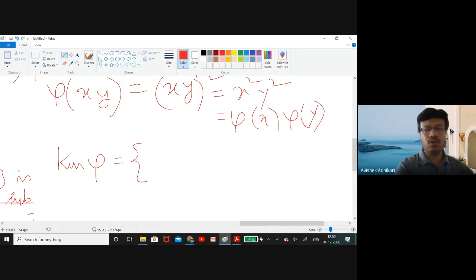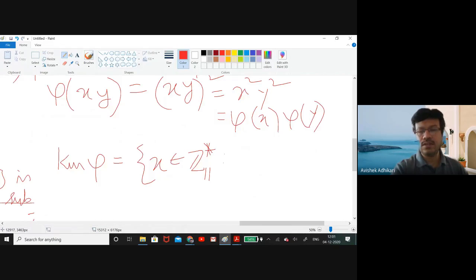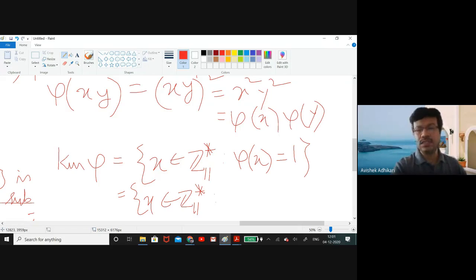That means all such elements x belonging to Z11 star such that phi of x equals the identity element of the right side. So that is 1, that means class 1. That means all such x in Z11 star such that phi of x, meaning x squared, equals 1.